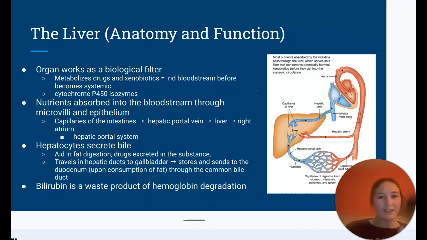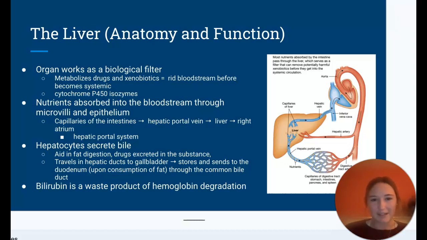The liver. The liver is basically a biological filter. Capillaries from the small intestine that have absorbed stuff from the intestine, they move into the liver first. And so that's filtering out all the blood that we have from materials that we've ingested. So if there were drugs or anything like that, it would be processed in the liver first.